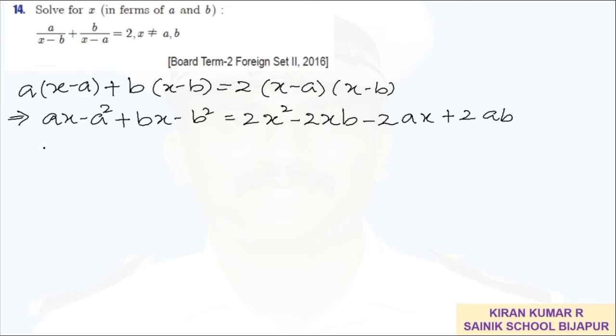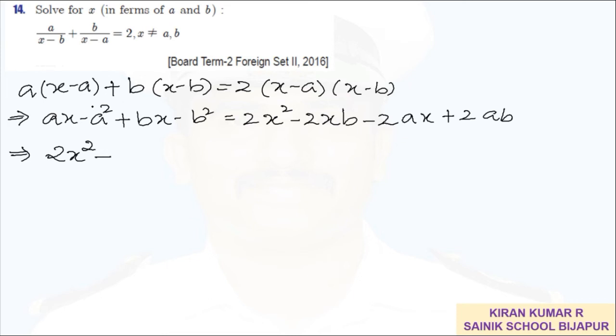Let me take term wise. X square term is 2x square. Here we have ax term.